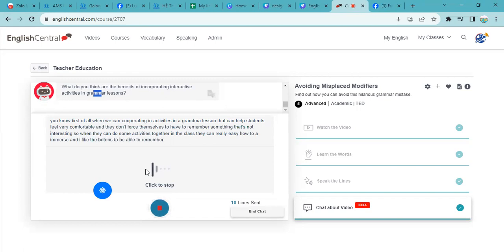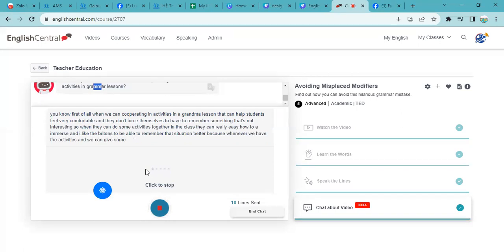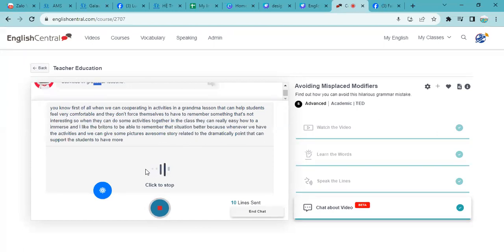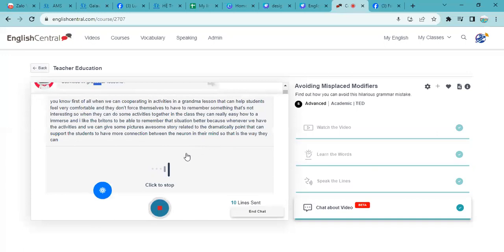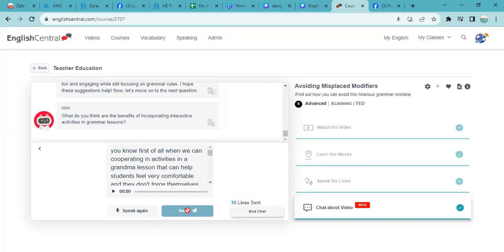Because whenever we have the activities and we can give some pictures or some story related to that grammar point, that can support the student to have more connection between their neurons in their mind. So that is the way they can improve their ability in remembering the grammar point.